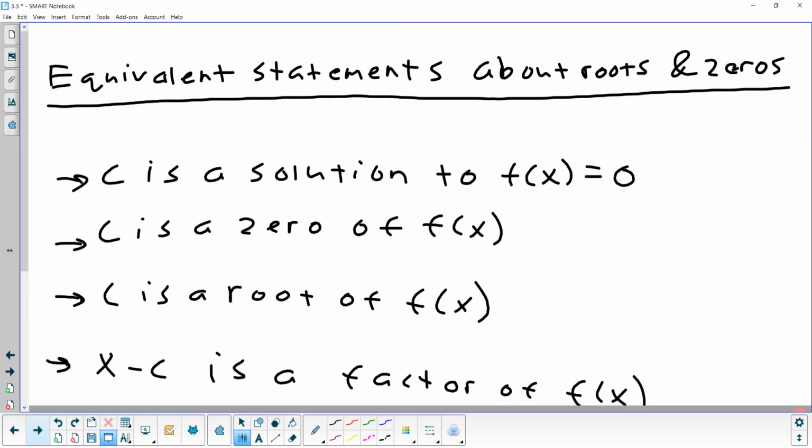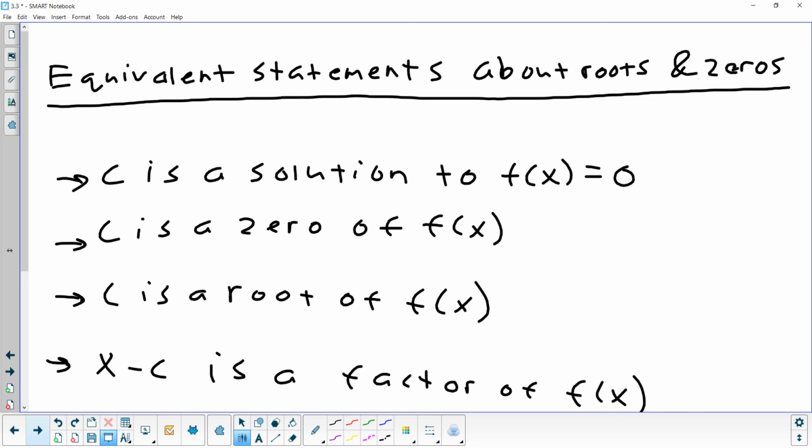So here's some equivalent statements. They all mean the same thing. So suppose that you have a number that is a solution to this equation. Like if I think I gave this example earlier. In this case, the answer is 1. Okay, so in this case, C would be 1.